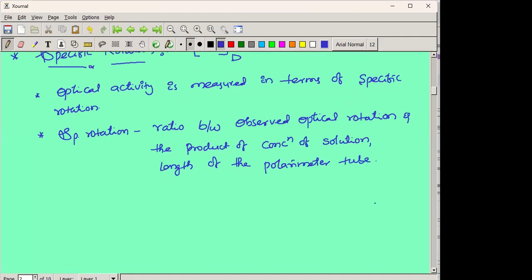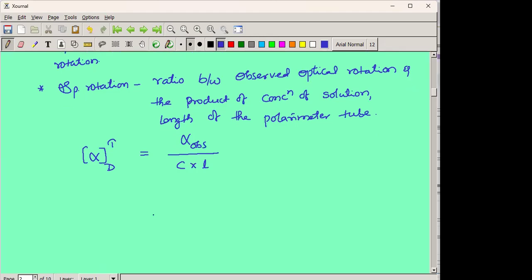It depends upon the temperature and also the nature of the source of light, here the deuterium lamp, at temperature T. So it is alpha observed divided by concentration and length.